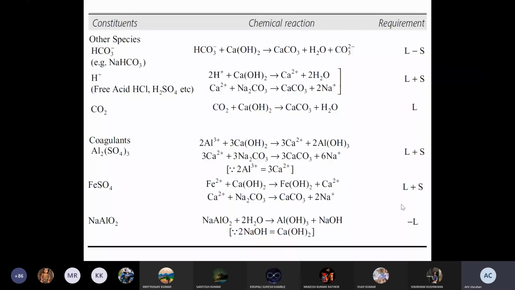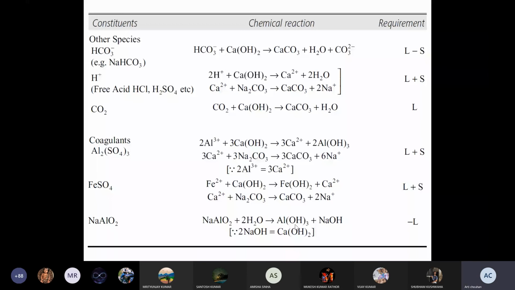Ma'am, could you explain this again? If NaAlO2 type coagulants are in the water sample, because you used that coagulant to fasten the process, then it will react with the water molecule and give aluminium hydroxide precipitate and NaOH, as 2 moles of NaOH is equivalent to 1 mole of calcium hydroxide.